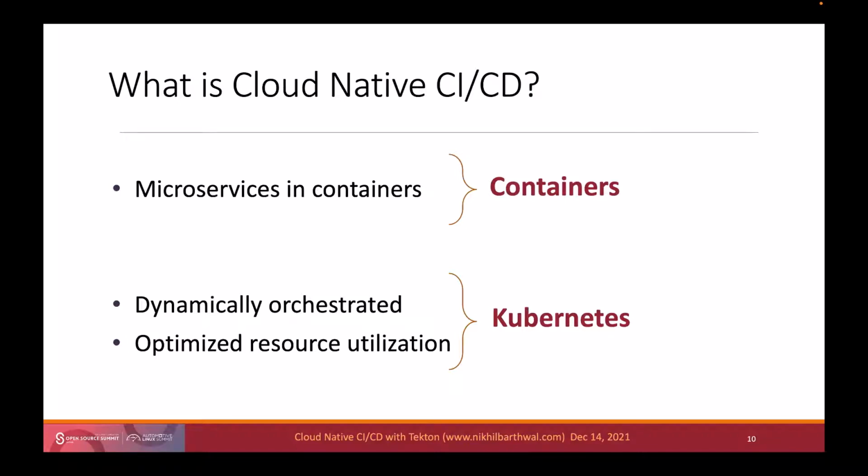You can specify what kind of resources the containers would need, and Kubernetes will try to deploy your containers in a way that makes the most optimum use of your resources. So that's what Kubernetes would do. And overall, when we talk about cloud native CI/CD, we are talking about containers and Kubernetes.